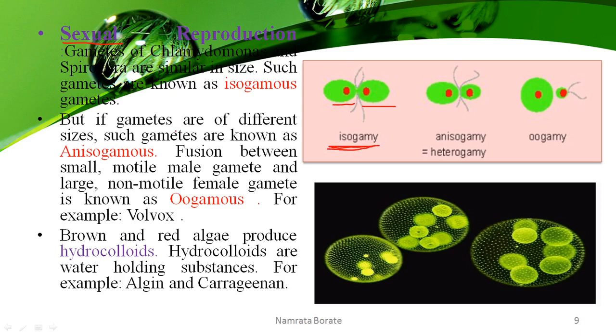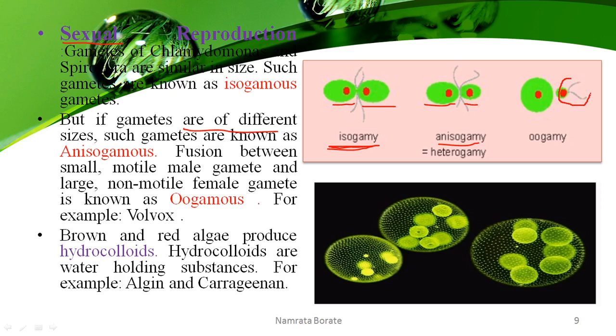But if the gametes are different in size, that is, one gamete is larger in size and the other gamete is smaller in size, then that type of sexual reproduction is called anisogamy. And the third one is the fusion between a small motile gamete and a large one.